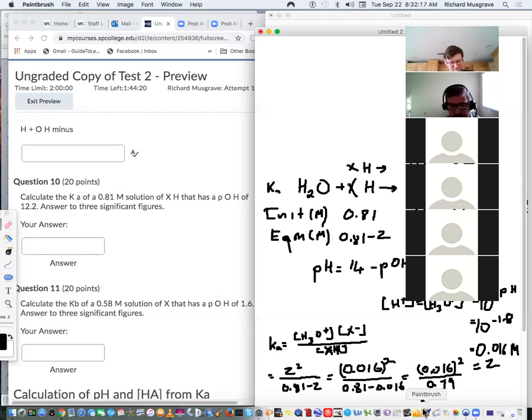So then that gives us our final answer here. And it would be, let's see, 0.016 squared divided by 0.79. And I get 3.2 times 10 to the negative 4. And it's asking for an answer to 3 significant figures here. But really, I suppose it would only be 2. But it won't matter because it's going to have a tolerance attached to it anyway.